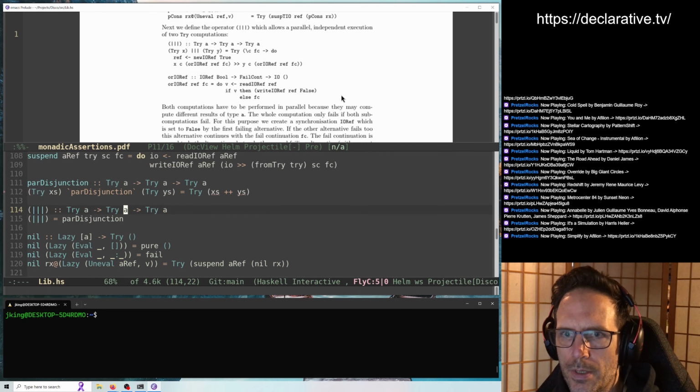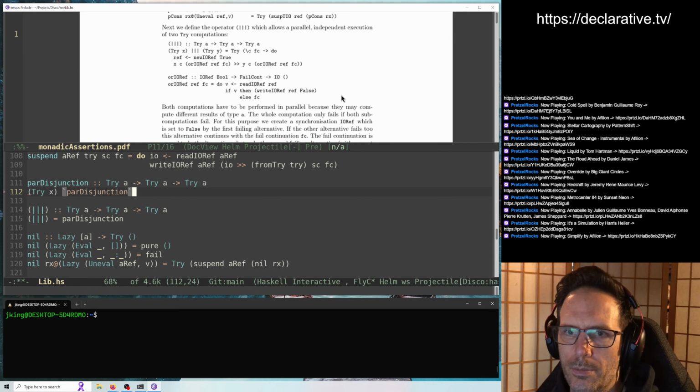We're trying to implement power disjunction. This is going to be different now. We'll have a try of X, do the power disjunction and a try of Y.